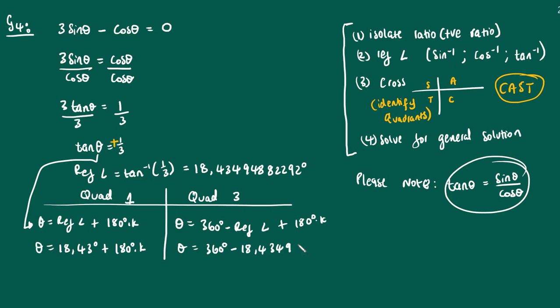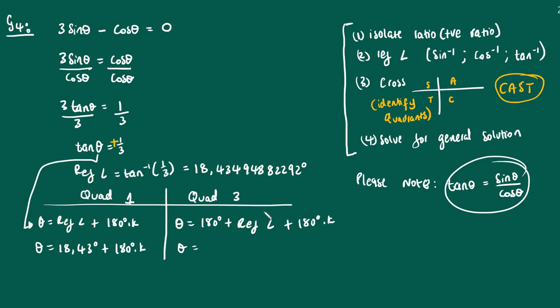Isn't quadrant 3 180 plus? Quadrant 3. Oh yes. Don't worry guys, I'm just testing whether you are focused. Right. So quadrant 3 is 180 plus the reference angle, and then you have 180 times k.